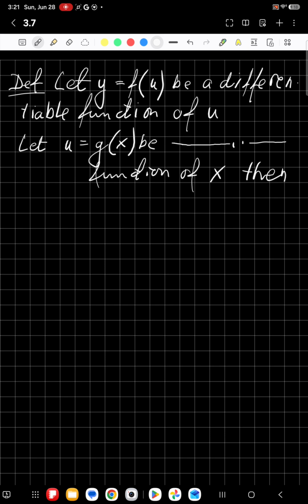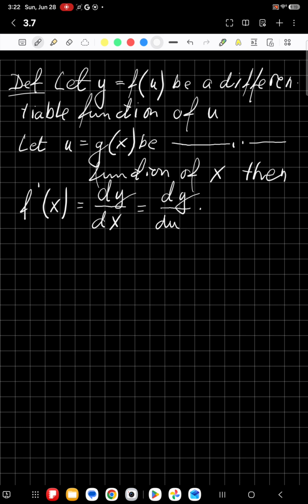Well then, dy dx: I'm taking the derivative of the outside with respect to u, that inside function, and then the derivative of the inside with respect to x. I'll show it on an example.